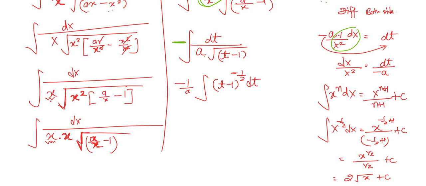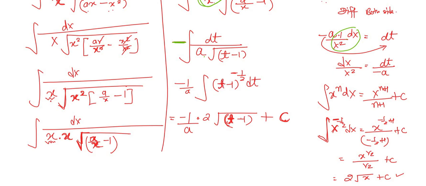So basically integration of x power minus half is this. So I can use this here: minus 1 by a into 2 root of t minus 1 plus c. And there is no coefficient of t, so there is nothing to divide.